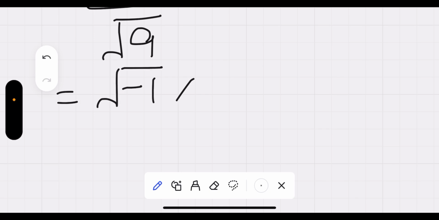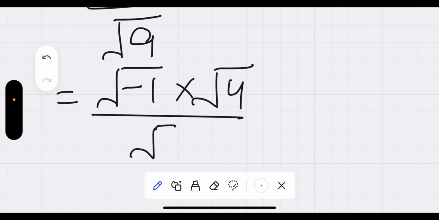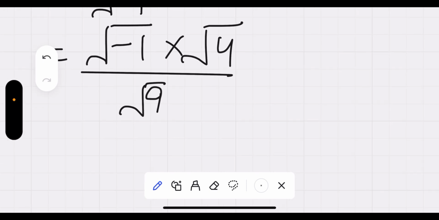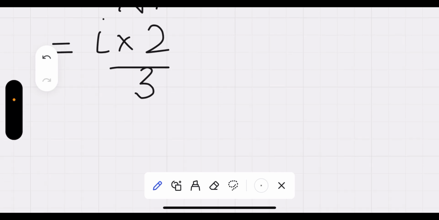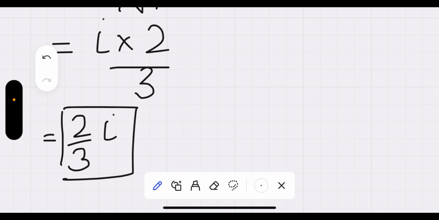Square root of -1 multiplied by square root of 4, divided by square root of 9. Since square root of -1 is iota and square root of 4 is 2, and in the denominator square root of 9 is 3, we can write it in the standard notation as 2 by 3 iota, which is our requirement.